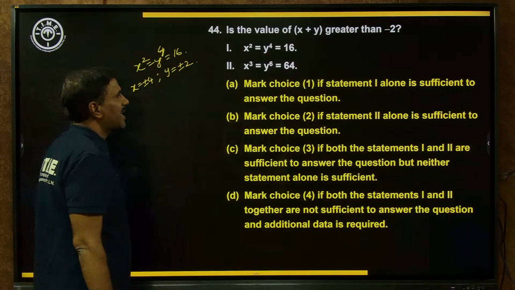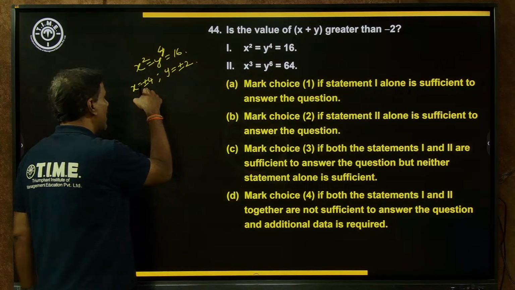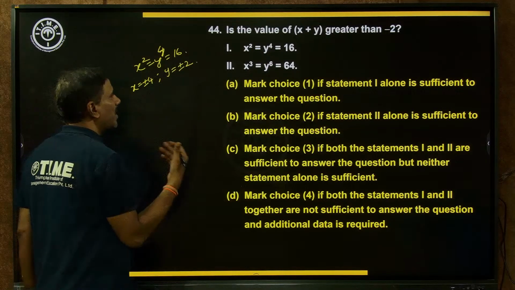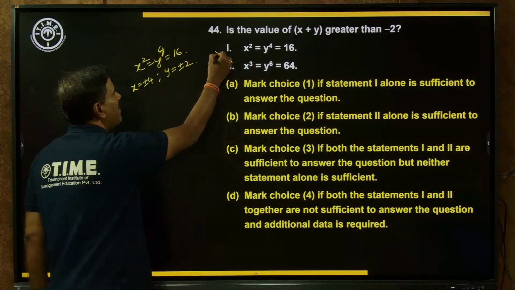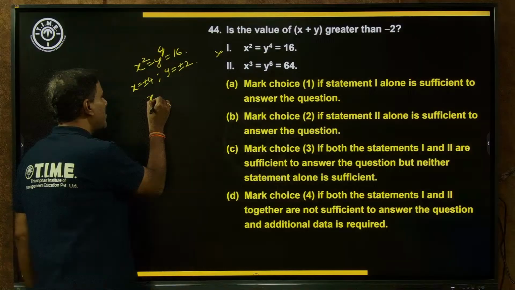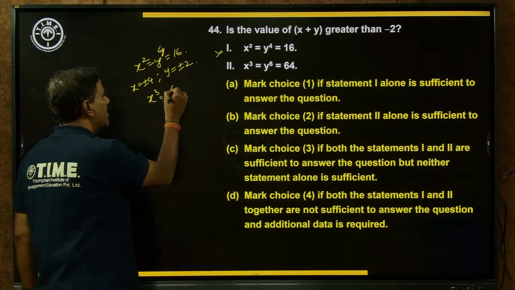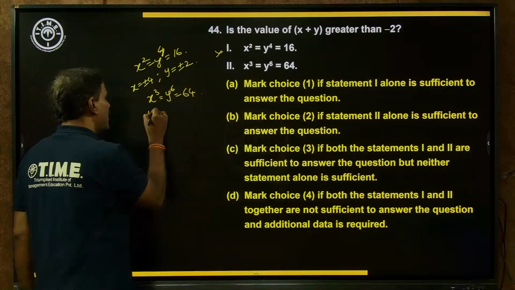What we are interested in is whether x plus y is greater than minus 2 or not. If we consider x as minus 4 and y as plus 2, minus 2 is also possible. So the first statement may not be sufficient. But taking the second statement, x cube is equal to y power 6 is equal to 64. What we know is 4 cube is 64, right? So x should be equal to 4.